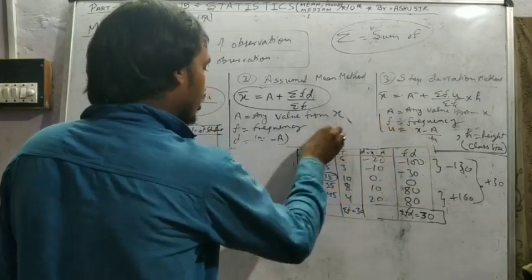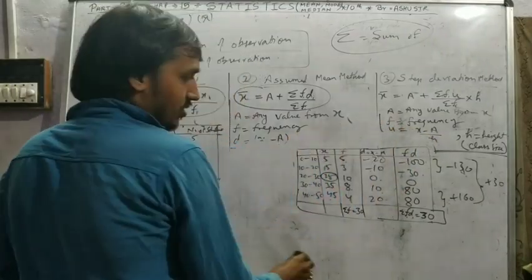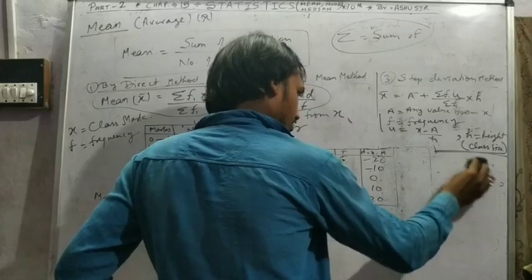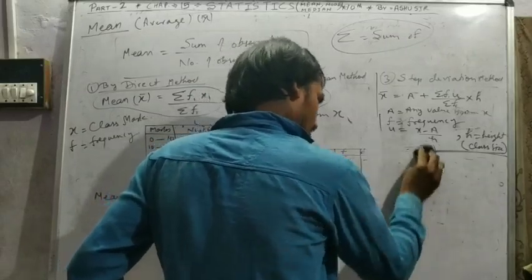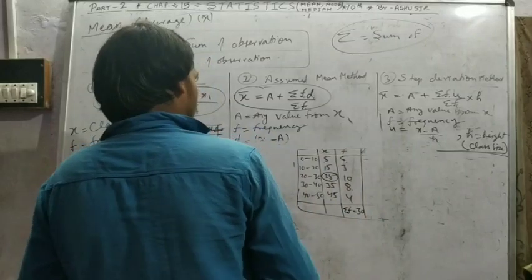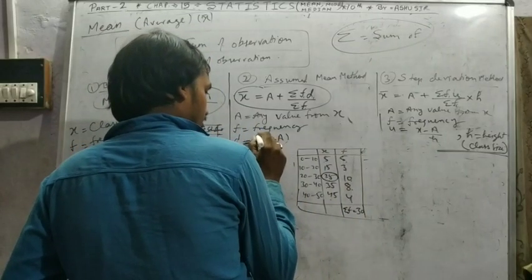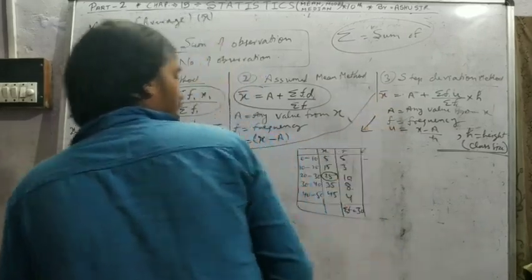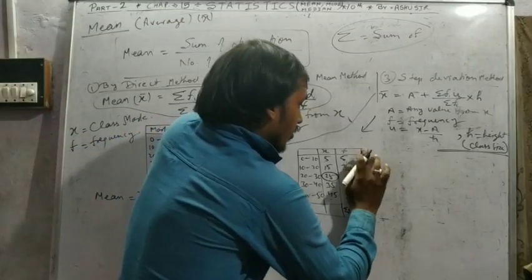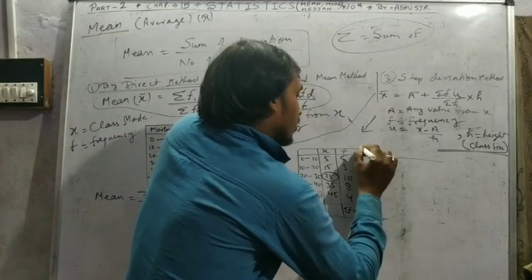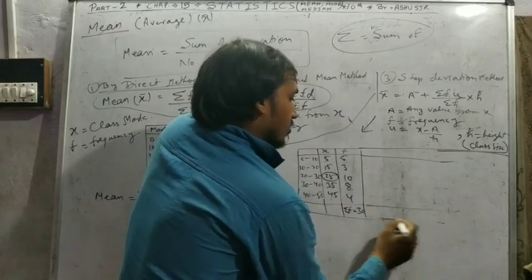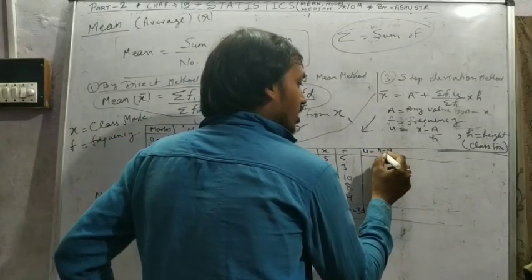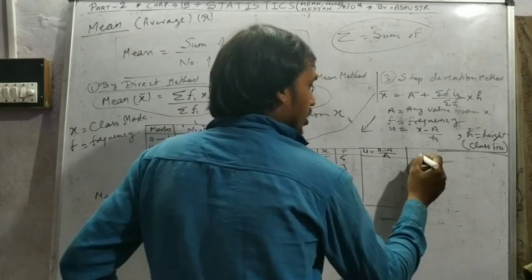We open the gate for the step deviation method and close the gate for this, so we can solve by this same method. Firstly, you can find u, x minus a by h, then fu.